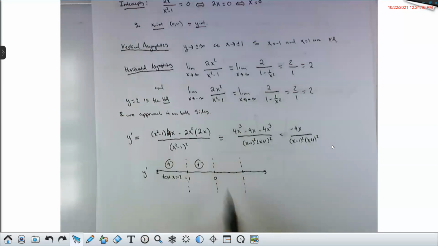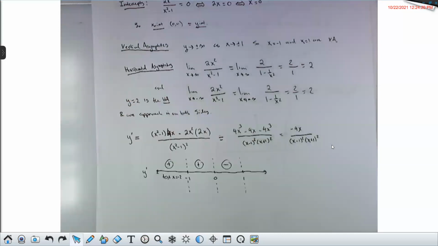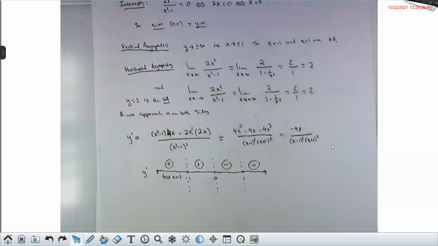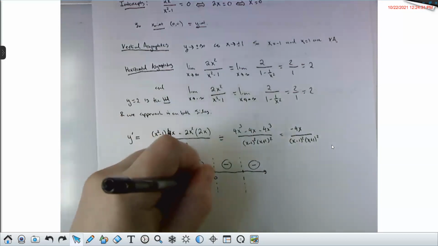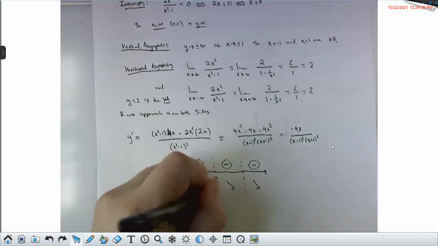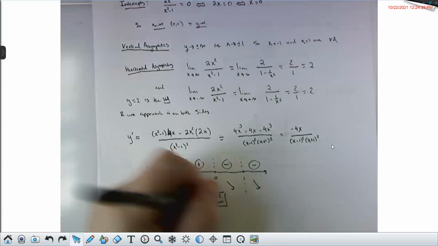As I jump over the 0, it comes from this odd multiplicity factor, so we would change sign. And as I jump over the positive 1, it comes from this multiplicity 2 factor, so I would not change sign. So we are increasing, increasing, decreasing, decreasing, which means I have a local max at x equals 0.